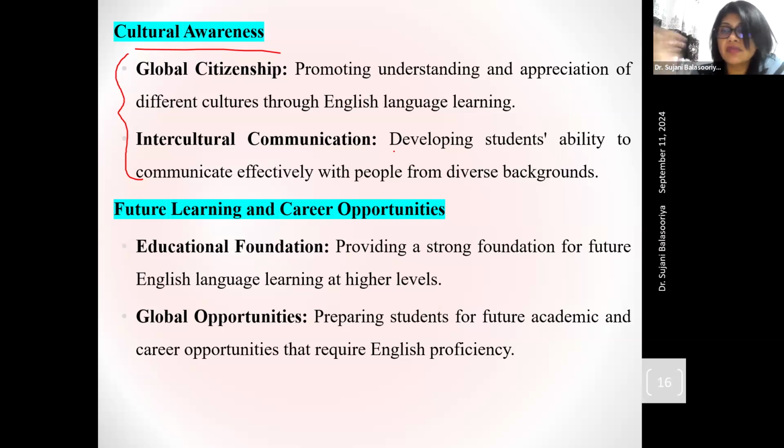Mostly these kinds of things may not happen in our countries, because we don't have so many different cultures. But it can happen in any foreign country where there are so many migrants from different countries. So in a classroom, there may be students coming from different native languages and different countries, which means different cultures. So then the teacher has to be very careful, because if the students do not have an understanding of the other cultures, then clashes will be caused, right?